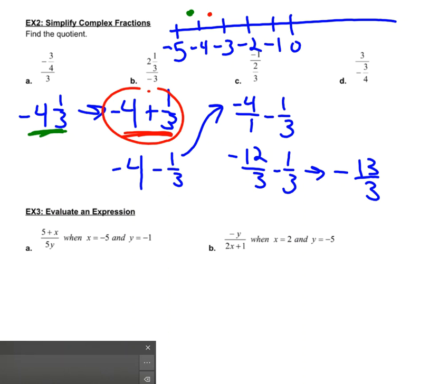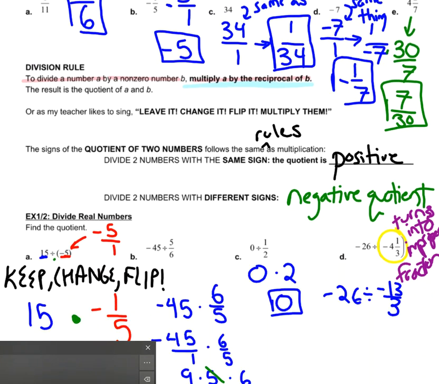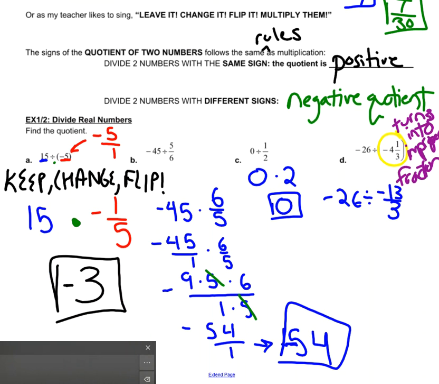Okay, so this is the proper form. So going back to what we had before, let's see, negative 26 divided by negative 13 divided by 3. So, rules for division is to keep, change, flip. So, negative 26, keep that, change the division to multiplication, negative 3 over 13.